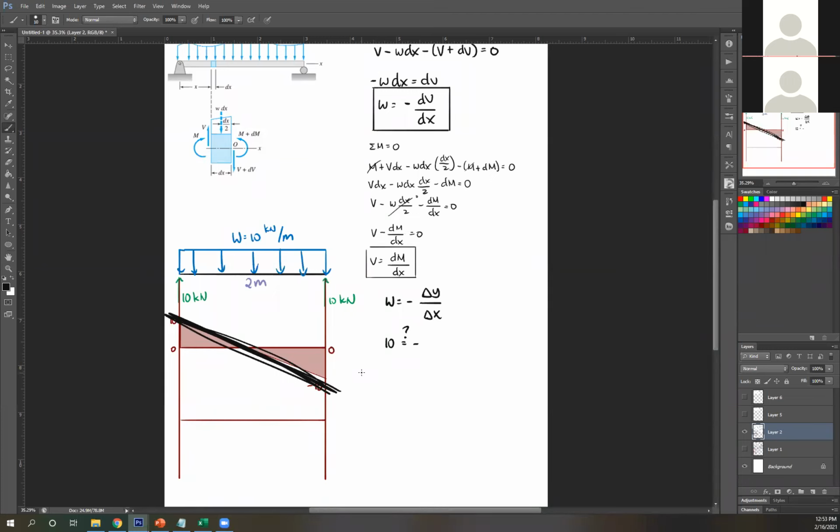So that is rise over run. The rise is negative 10 minus 10, right? Final point minus initial point, over change in X. Run is 2. So negative 20 over 2. So yes, negative 20 over 2, that's negative 10, and with the negative sign, positive 10.